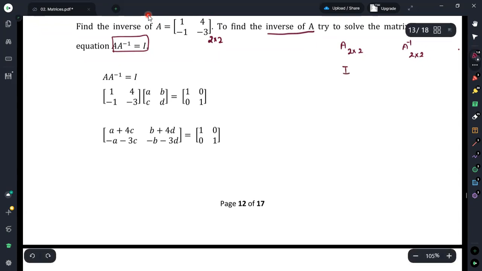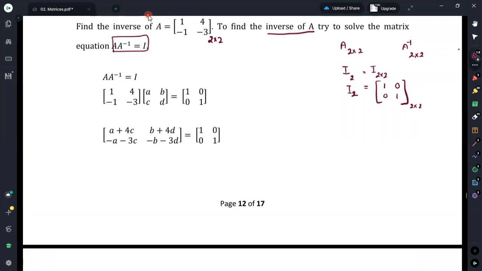The identity matrix should also be of order 2, a 2 by 2 matrix, where the diagonals are ones and all the other elements are zeros. Therefore, this is the identity matrix of order 2. We take order 2 because our initial matrix also has 2 rows and 2 columns.